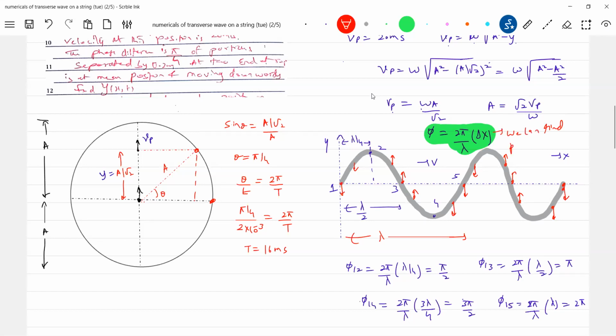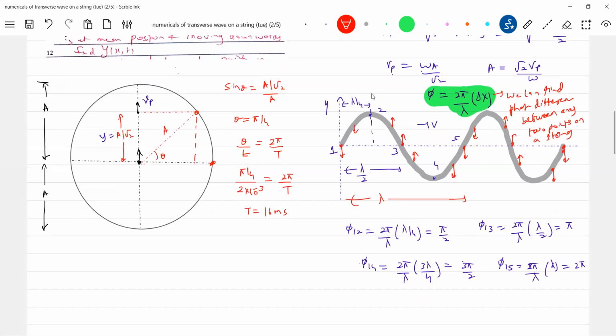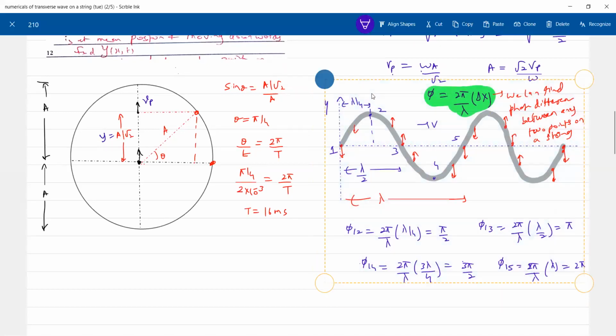We can find out the phase difference on a string separated by a distance delta x. Okay, there's a very important formula like this. The numericals will be tested.